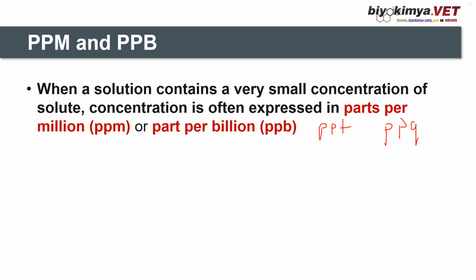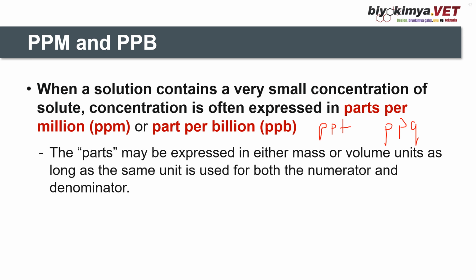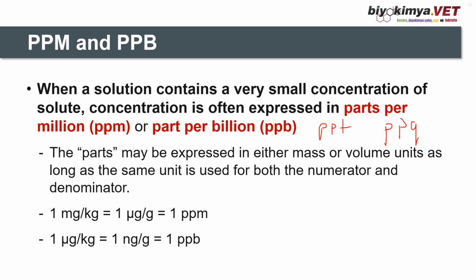Collectively, for all of them, we call it parts-per notation, which signifies the quantity of a specific component present in a solution or mixture. The parts may be expressed in either mass or volume units as long as the same unit is used for both the numerator and denominator. And here's an example: 1 milligram per kilogram or 1 microgram per gram equals 1 ppm. 1 microgram per kilogram, 1 nanogram per gram equals 1 ppb.